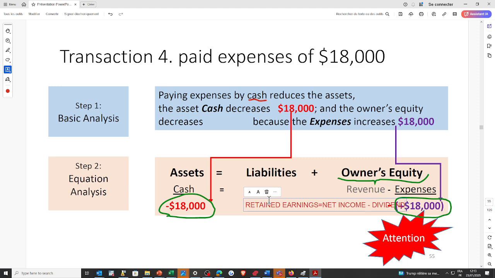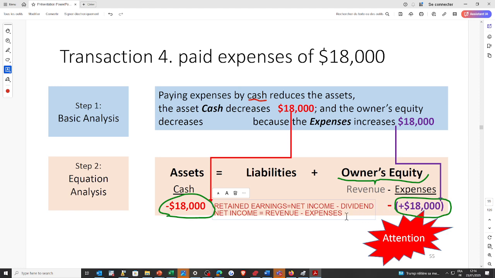Okay, but what is the relationship between the net income and dividend? So net income equals revenue minus the expense, right?